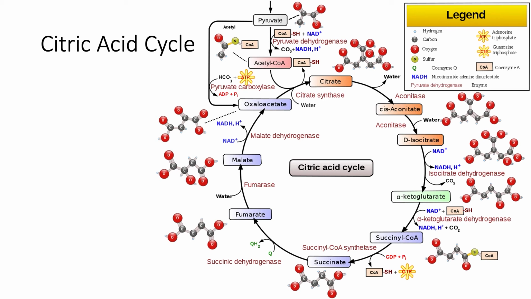Next, a similar reaction occurs as carbon dioxide is once more released, and the energy gained from doing so is converted into another molecule of NAD+ to NADH. But this time, coenzyme A is added back into the mix, forming the 4-carbon molecule succinyl-CoA, and then that CoA is then removed to convert a molecule of GDP to GTP, which is really just like ATP.